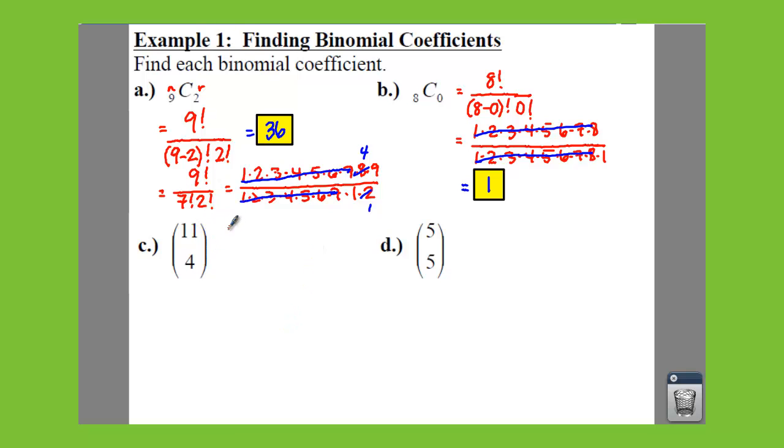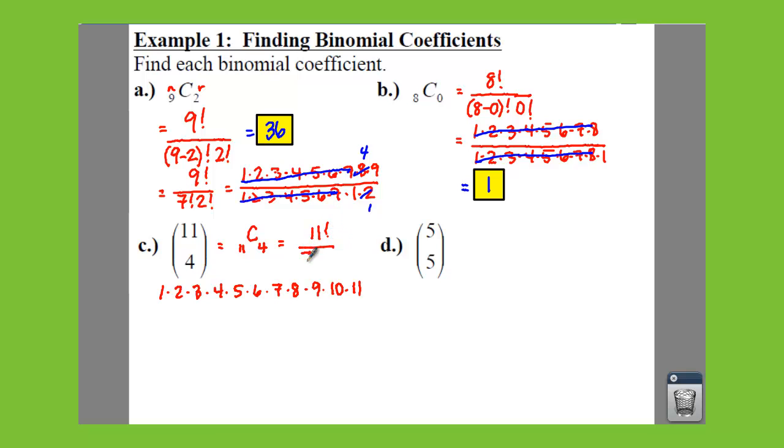So let's do C. What this really means with C is that you have 11C4. So if you do up through 11 and then up through 4, we can write them all out. Sure, why not? This is a great time. You may have noticed a pattern by now. Actually, I guess I skipped a step, didn't I?